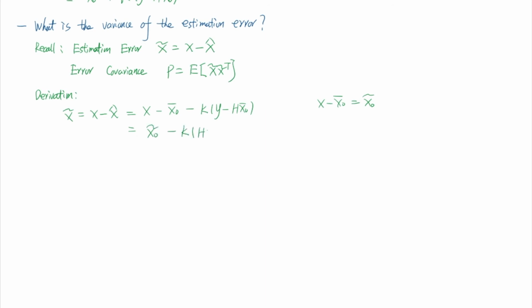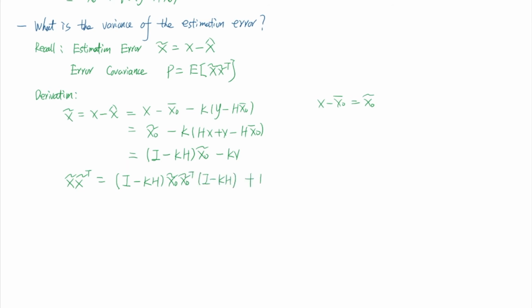So therefore, the expression just becomes x naught tilde minus K multiplied by this term in the brackets. If we combine some terms, the final expression is just I minus KH multiplied by x naught tilde minus Kv.